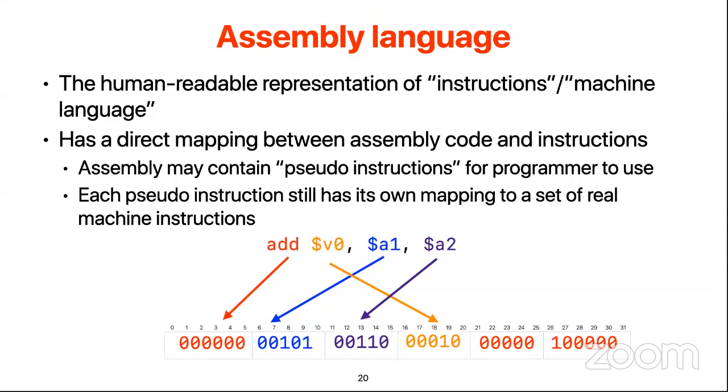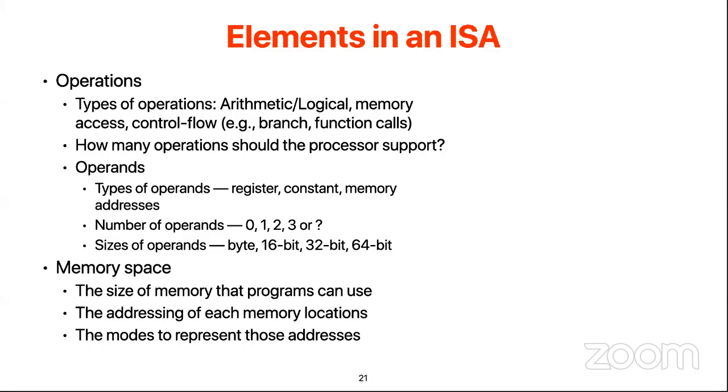So let's say, if you have a string of zeros and ones like this, and we said this is a MIPS 32-bit instruction, you can directly translate it back to an assembly instruction like this. It's an add instruction, add B0, A1, A2, right?